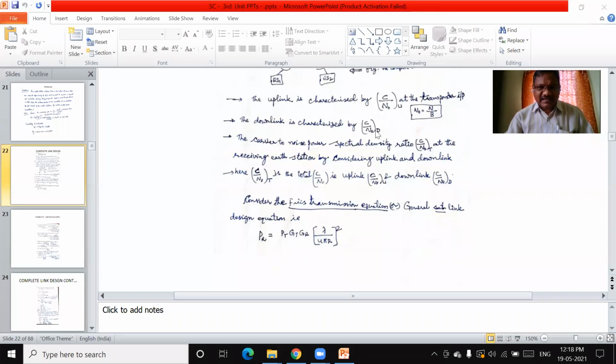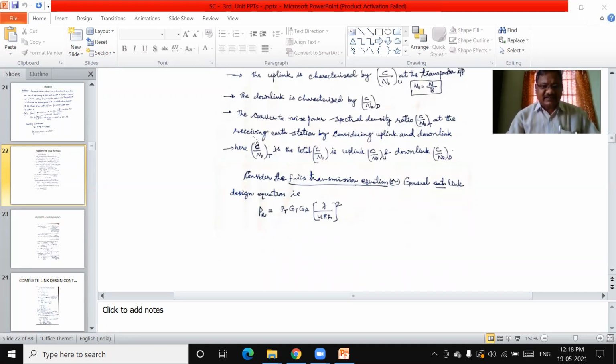So after this, as we know that N naught is the noise power spectral density, as you already knew, that is represented by N by B, noise power per unit bandwidth. So now this is the first equation that we are going to consider. Please, all of you see, for the complete link design, this is the first equation.